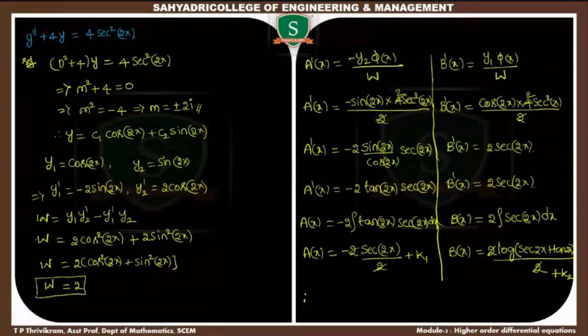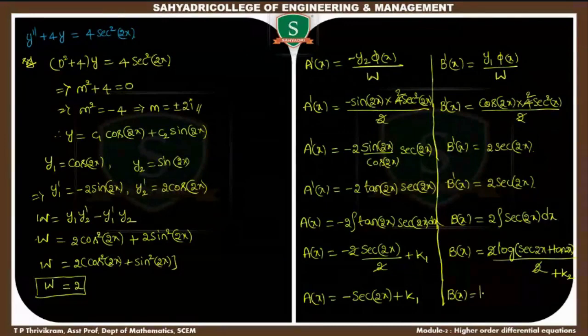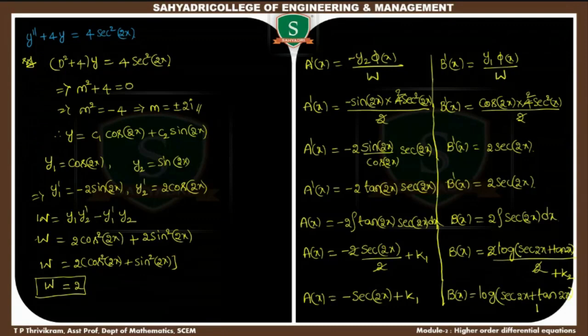So finally, a of x is equal to minus secant 2x plus k1. b of x must be log of secant 2x plus tan 2x plus k2.